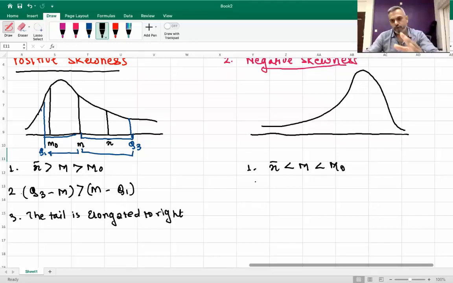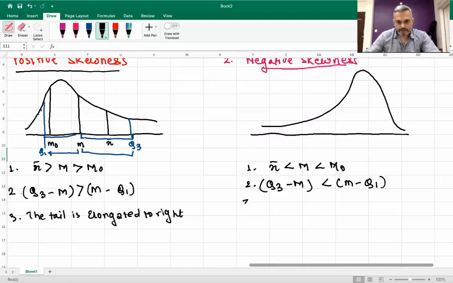So mode is the highest and mean is the lowest. Second, such questions were also in the paper. Second, Q3 minus M is less than M minus Q1. And the third one, the tail is elongated towards the left.